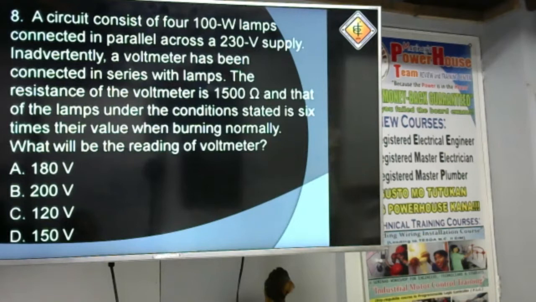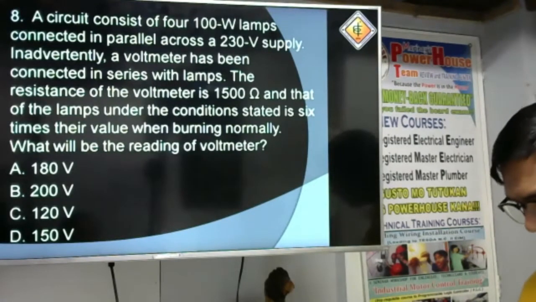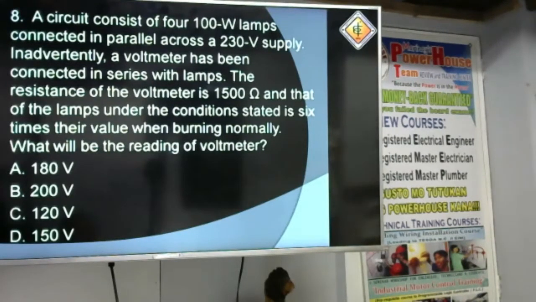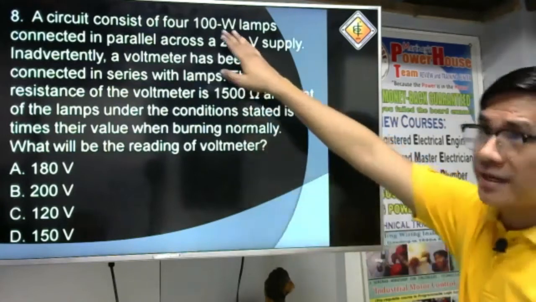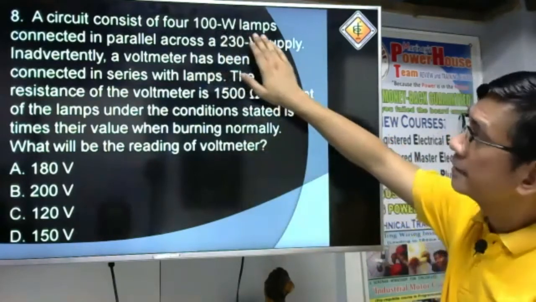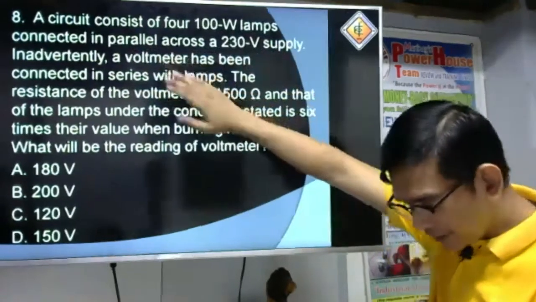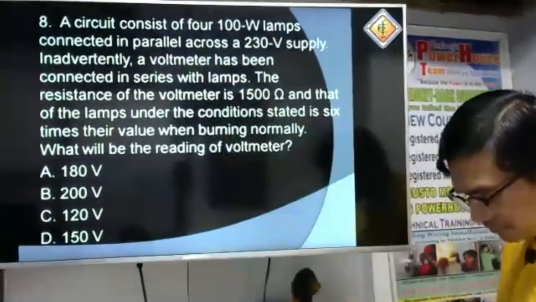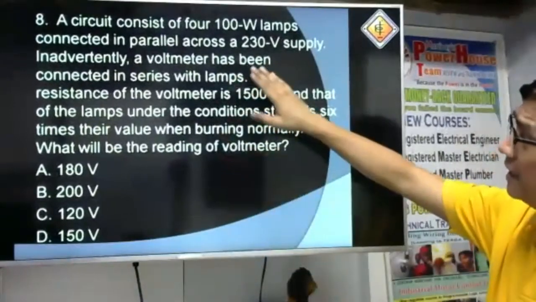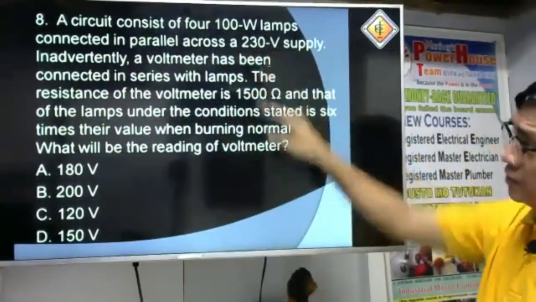Okay, number 8 problem. A circuit consists of 4 100 watts lamp connected in parallel. So there are 4 100 watts lamp, in parallel across a 250 volt supply.